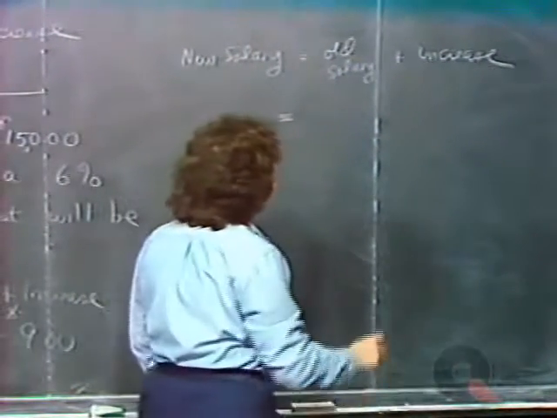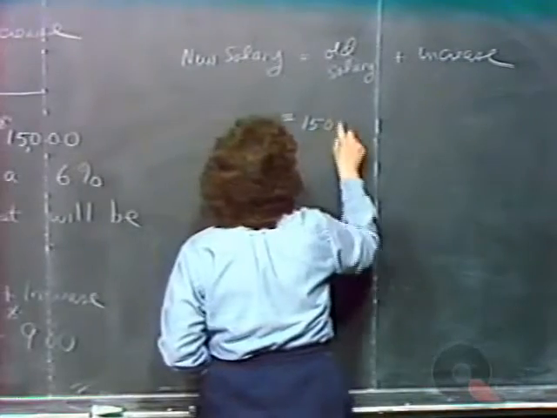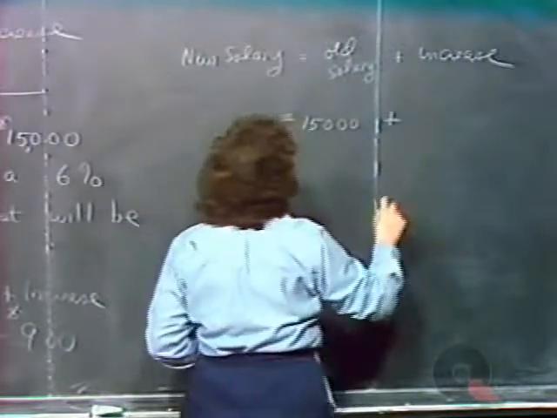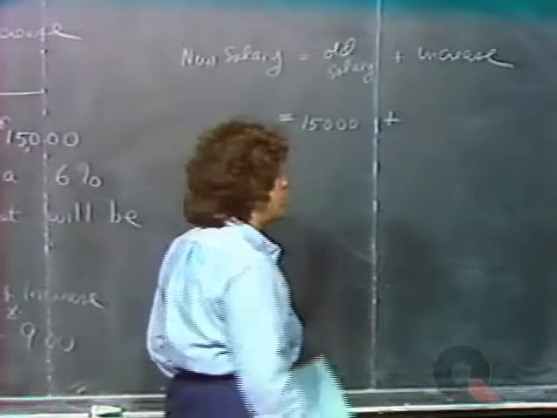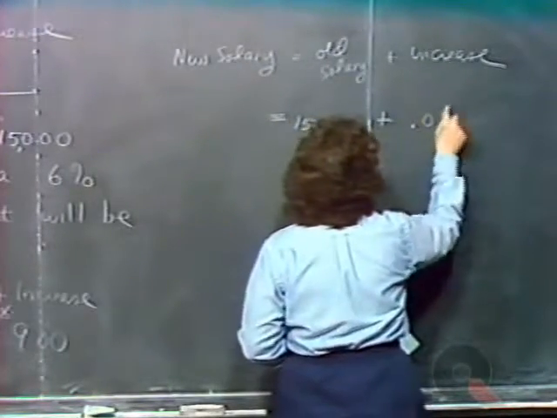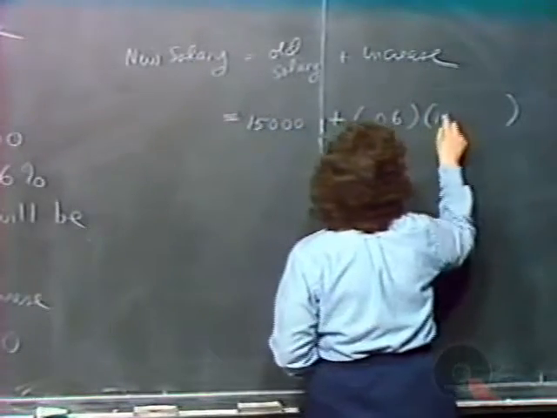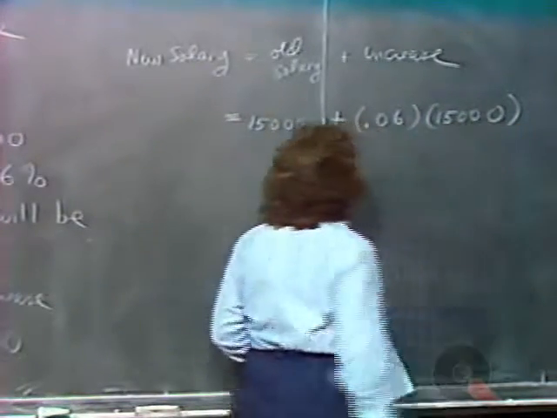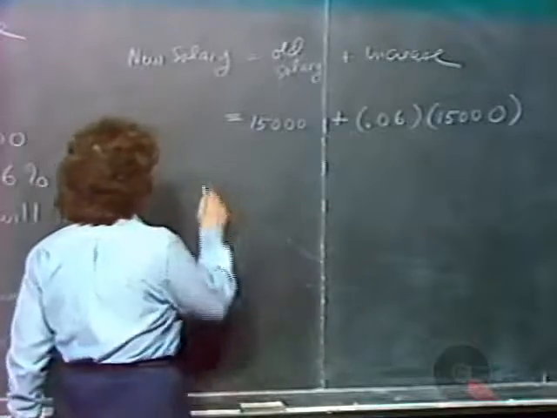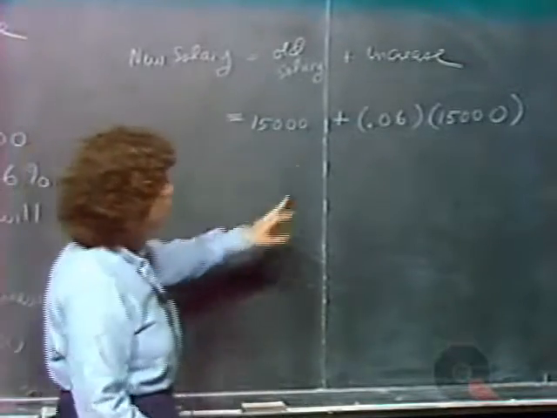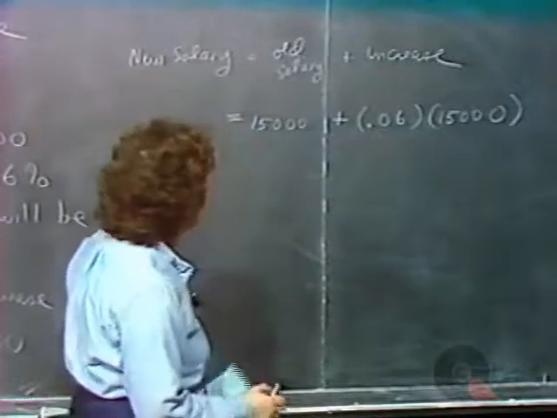The old salary was the $15,000. And the increase was 6%, or 0.06, of the old salary. So the new salary is $15,000 plus 6% of the $15,000.